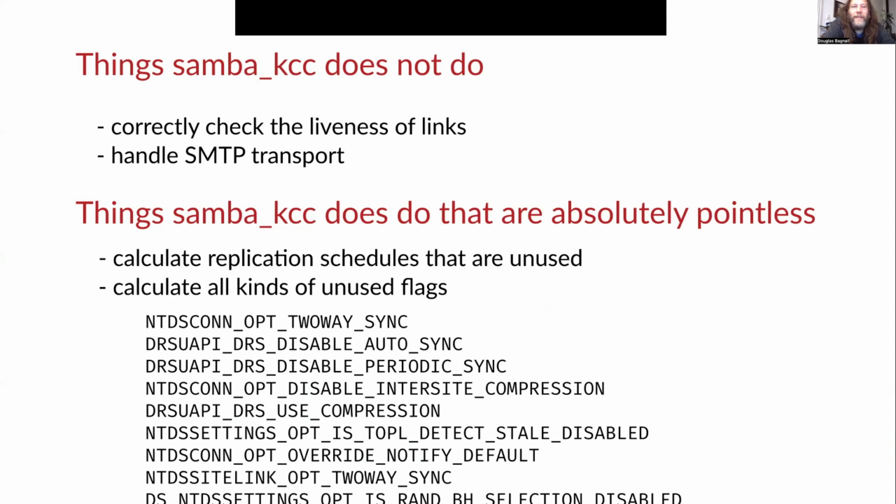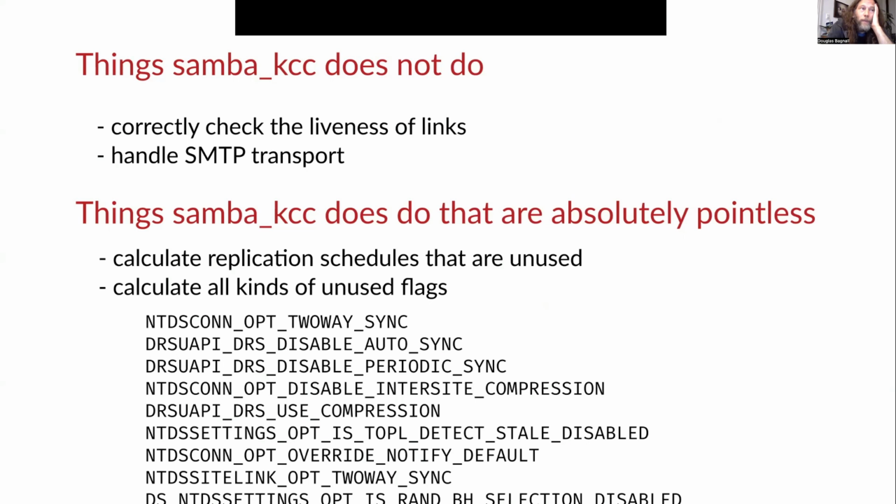But there's a lot of other things that we do just to be compatible with Windows, because we're trying to follow the spec. And then we find that we don't use those anywhere, and we probably don't want to use them anywhere. And Windows probably doesn't use them anywhere because they're old and useless.